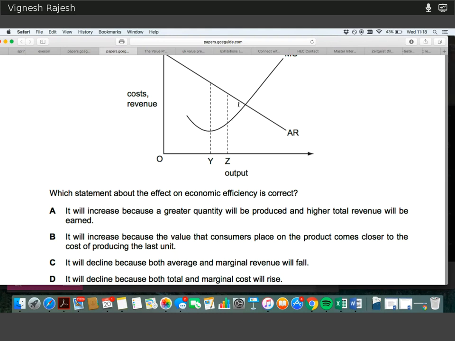And at this intersection point that I mentioned, the marginal value the consumer places on the good equals the marginal cost of producing it, and that's the point of economic efficiency. So we're moving closer as we go from Y to Z.